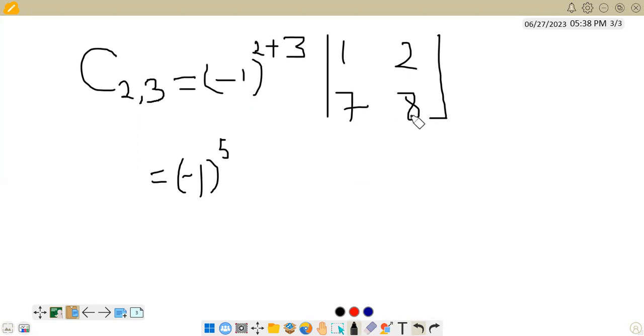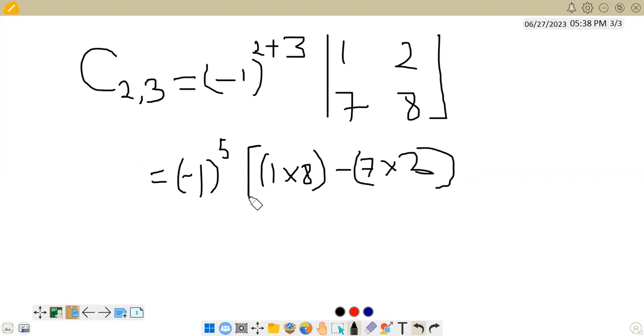Then when I take the determinant, 1 times 8 is 8, 8 minus 7 times 2, not 7 times 3. 7 times 2, which is 14.